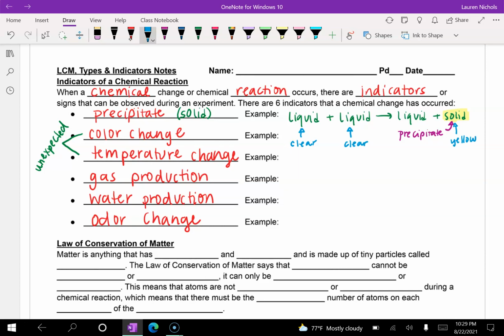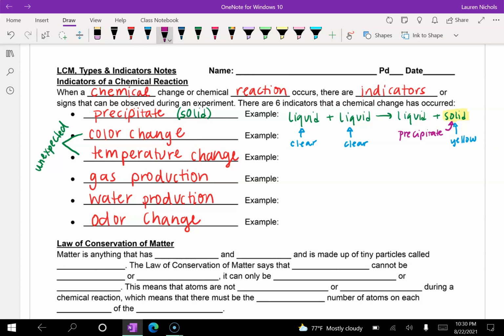Whereas if I mix yellow and red food coloring and I get something orange, that's not unexpected. For temperature change, boiling water is not an example of a chemical reaction, because one, the water remains water, and two, that is not an unexpected temperature change. In order to boil water, you had to put it on your stove. You purposely added heat there, and so you knew the temperature was going to change.